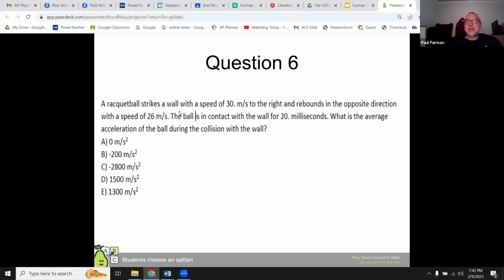Notice that there's no mention of delta x, the displacement, so that would lead you toward kinematic number 1, v equals v naught plus at. Another way of writing that is acceleration equals the change in velocity over time, which is the definition of acceleration. There's one little gotcha in this problem.